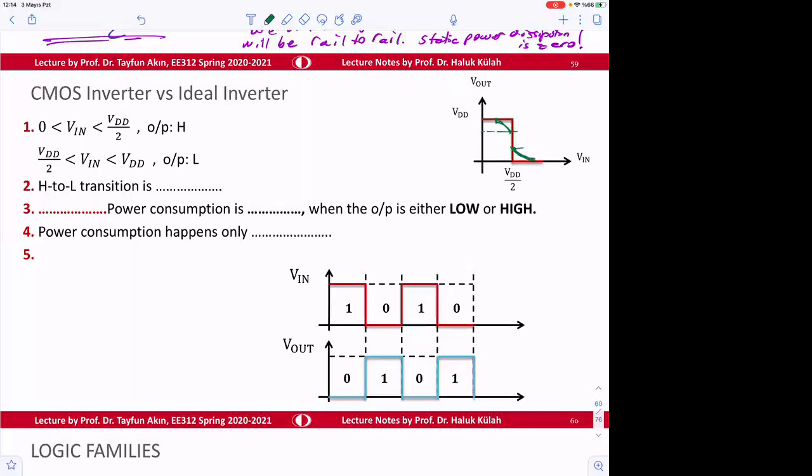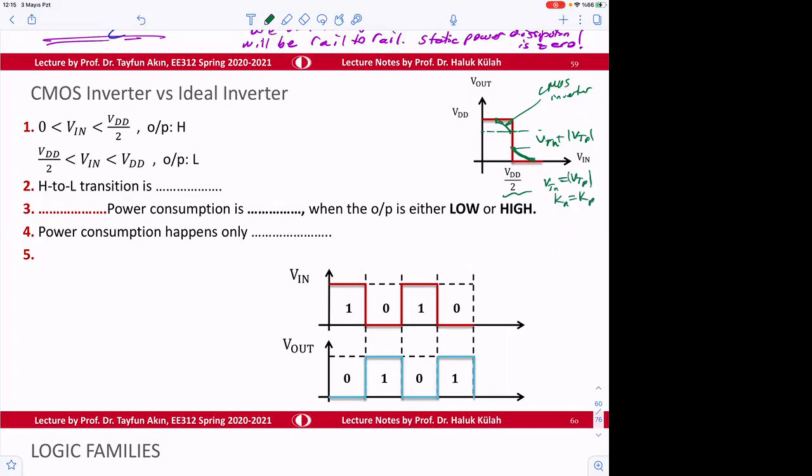Okay, so the distance here is VTN plus VTP. And this is VDD divided by 2 in a CMOS inverter. You know, here is when VTN is equal to VTP and KN is equal to KP.